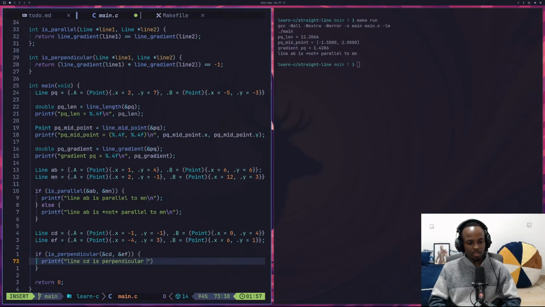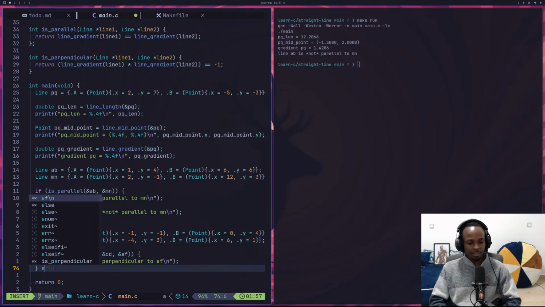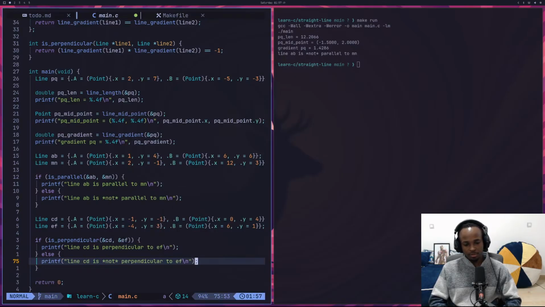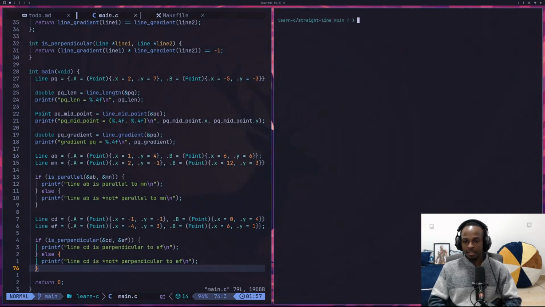But otherwise, print F line CD is not perpendicular to EF.